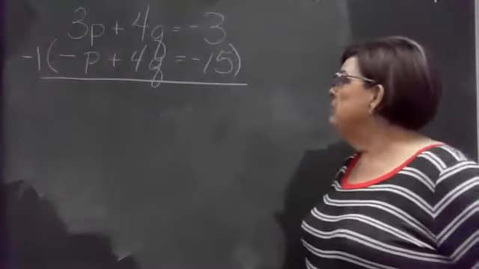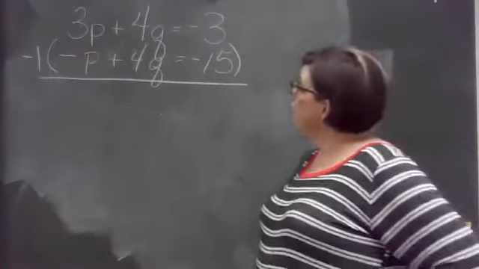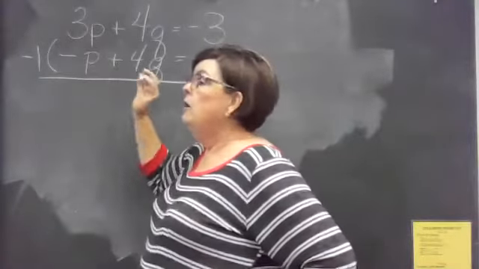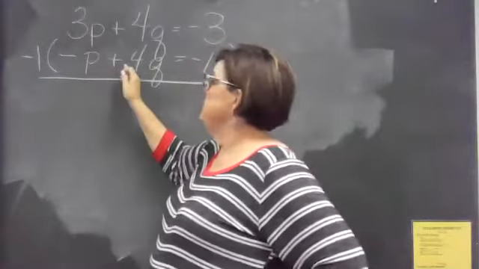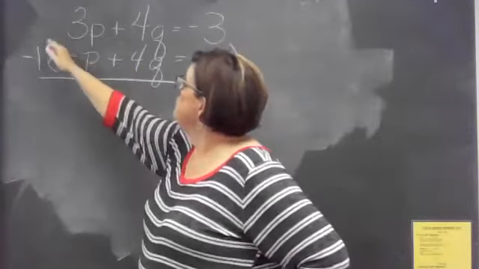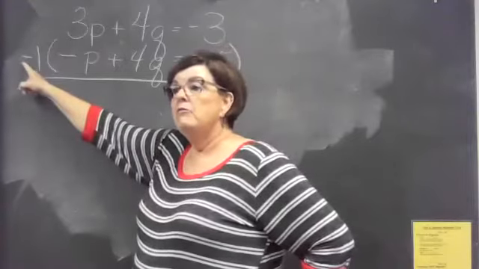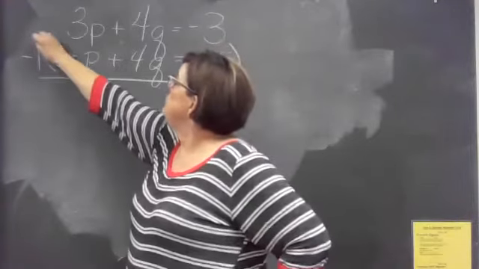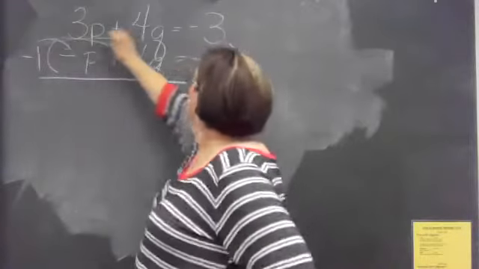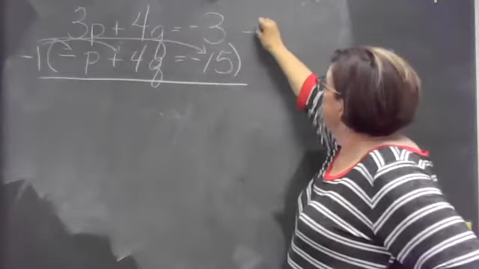But you have to be real careful and do something that's legal in mathematics. All I'm trying to do is get this to be a negative. The way you make that happen is you multiply the entire equation by -1. Now we're going to use the distributive property here. This is what I do when we have to change something.